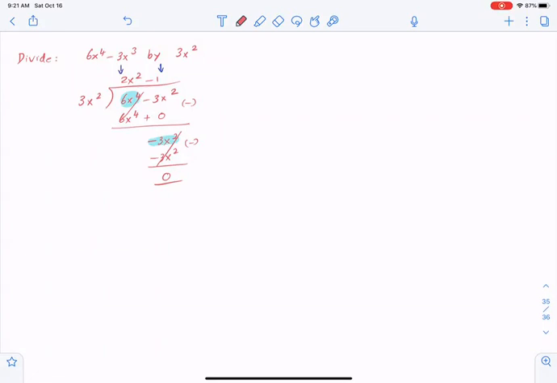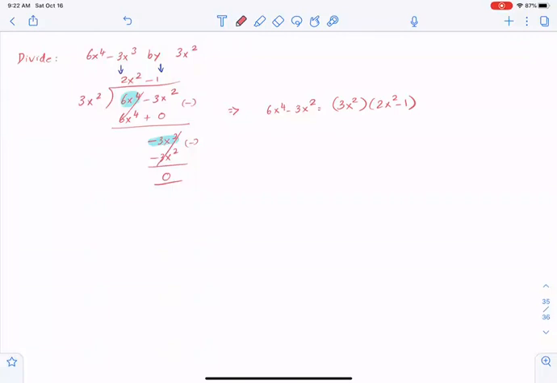So the given expression 6x to the 4th minus 3x cubed can be fully factored. So the dividend is divisor times quotient plus remainder.